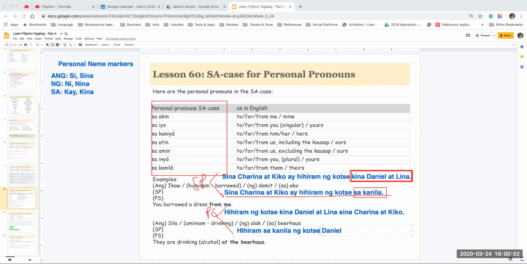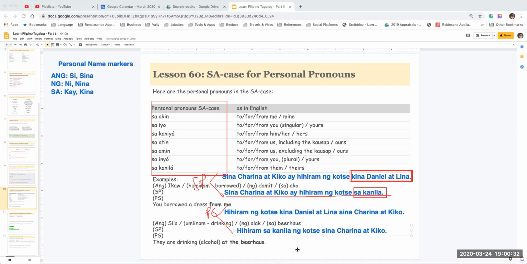Who's gonna borrow the car? Daniel at Lina are the ones who are going to lend the car, and they're going to borrow the car from them. But who is going? Charina at Kiko. Yes.